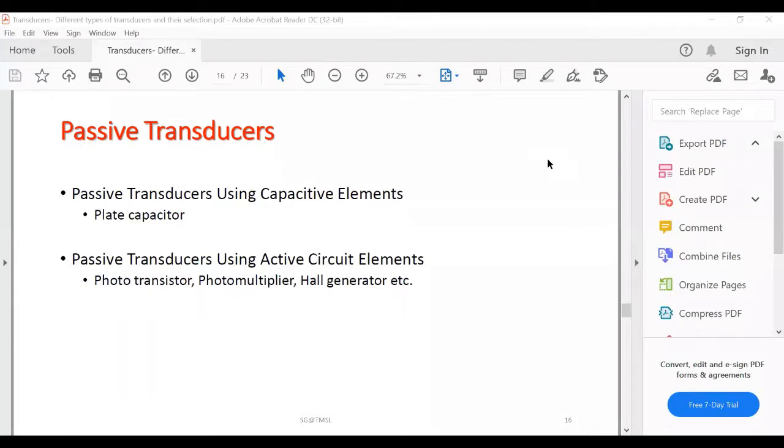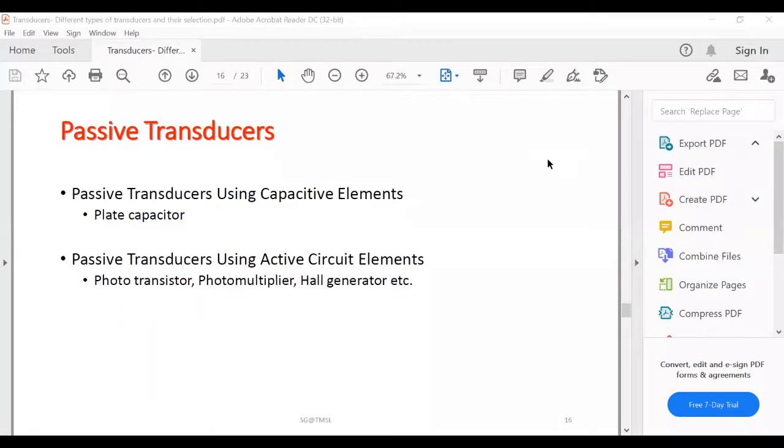Active circuit elements are those which provide power gain for the signals, as in the case of transistors, and they are normally used in passive transducers.